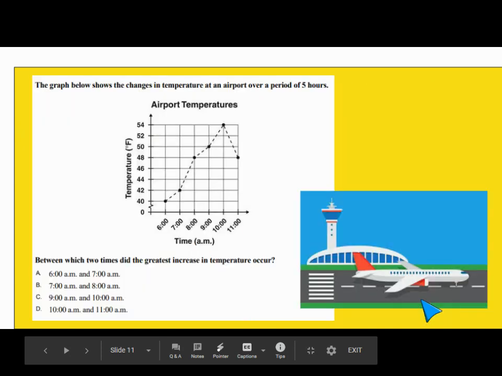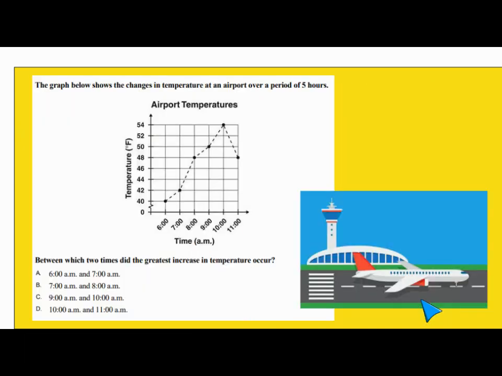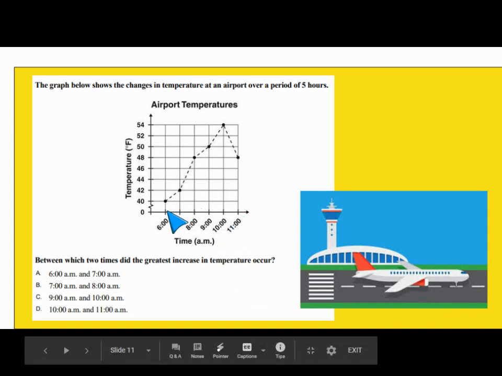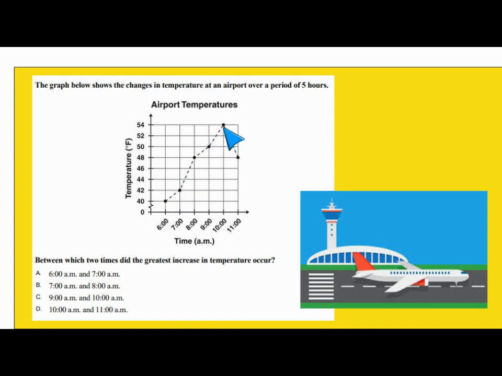Here we go. A graph shows the change in temperature at an airport over 5 hours. So we're going from 6 a.m. to 11 a.m. We're starting at 40 degrees. The highest temperature is 54 degrees Fahrenheit. Let's talk about this little symbol right here.